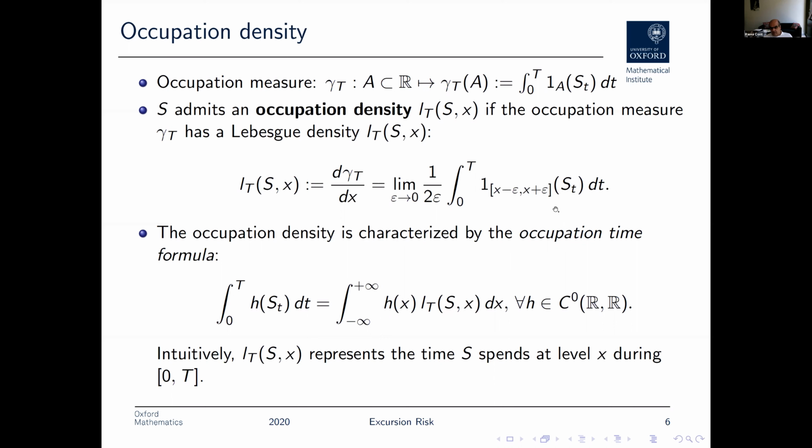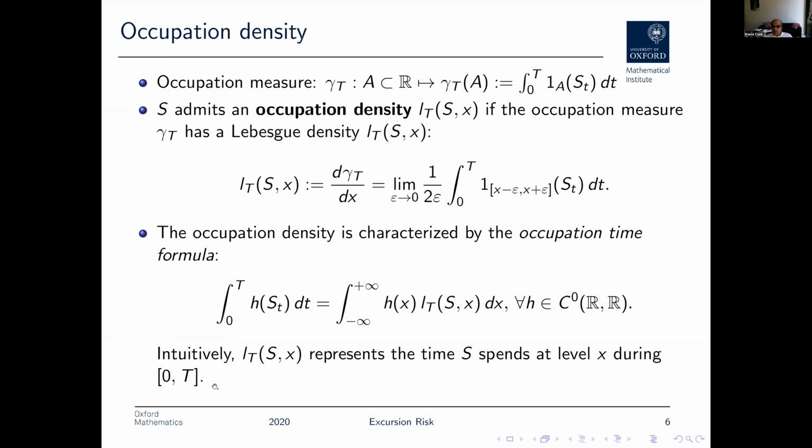It's really equivalent to the definition. You should interpret this occupation density as the time S spends at level x during 0 to t, whereas the occupation measure tells you the time spent inside the set A. This is the time spent in a small interval around x, if you want, during 0 to t.